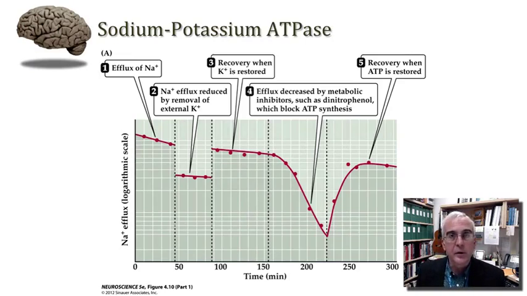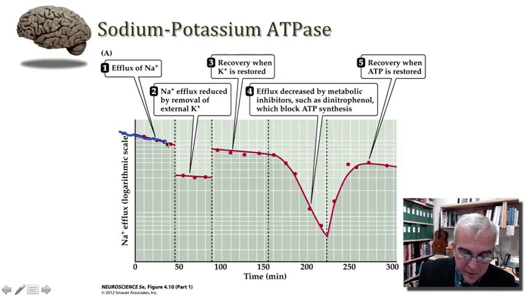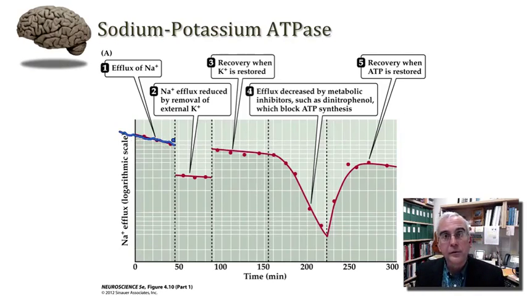So sodium was loaded up within a cell, and the efflux of sodium, which represents the activity of the pump, is measured over time. So as this experiment unfolds, there is some discharge of sodium ions that can be measured experimentally, and if one removes potassium from the medium outside of the cell, now there's a sudden drop in the activity that's being indicated by the efflux of sodium.